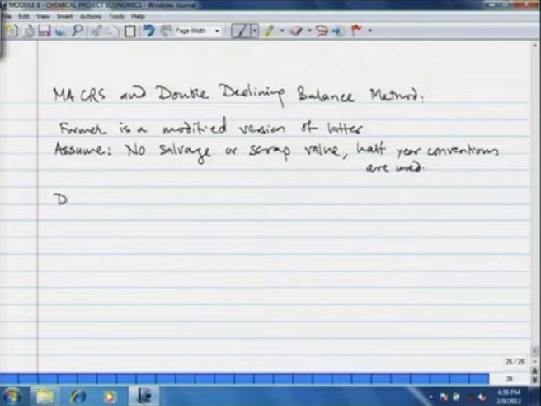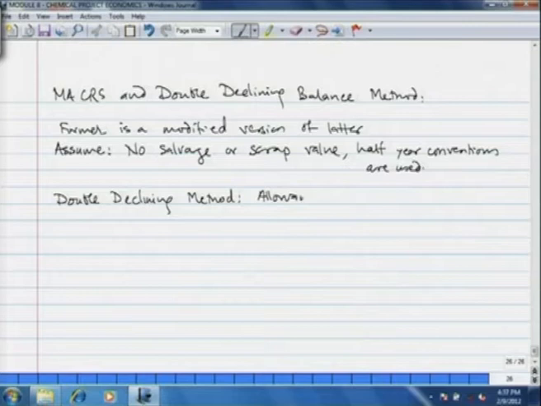Now double declining balance method, the basic principle is that the method allows a depreciation charge in each year of recovery that is twice the average rate of recovery on the remaining undepreciated balance for full recovery period. That point we note. Okay.